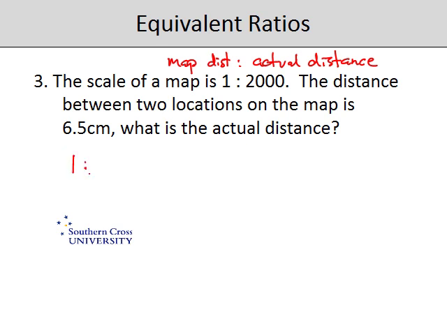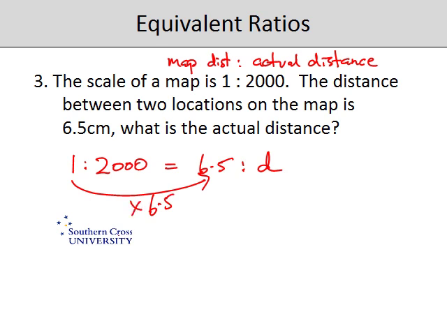So that means that the same ratio applies to both. So 1 to 2000 is equal to 6.5 to some actual distance, which I'll call D. So we've gone from 1 to 6.5, so we're really multiplying there by 6.5.